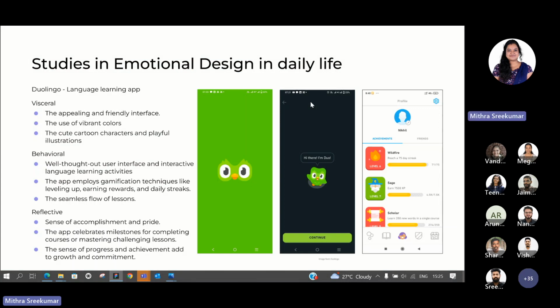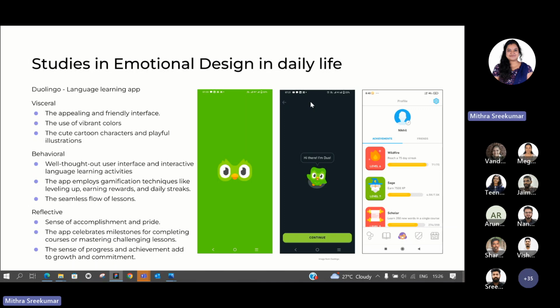So, coming to another example, that is Duolingo. It is the language learning application, as you all know. Here also the designer uses the visceral, behavioral, and reflective aspects of emotional design very wisely. As you can see, the application has a very friendly interface created by the vibrant green color and all.